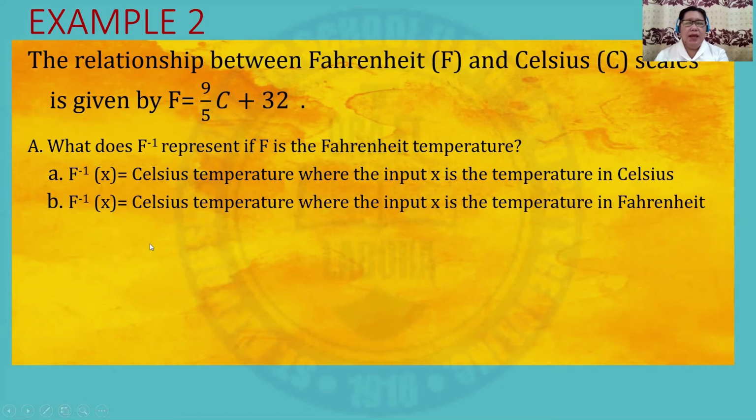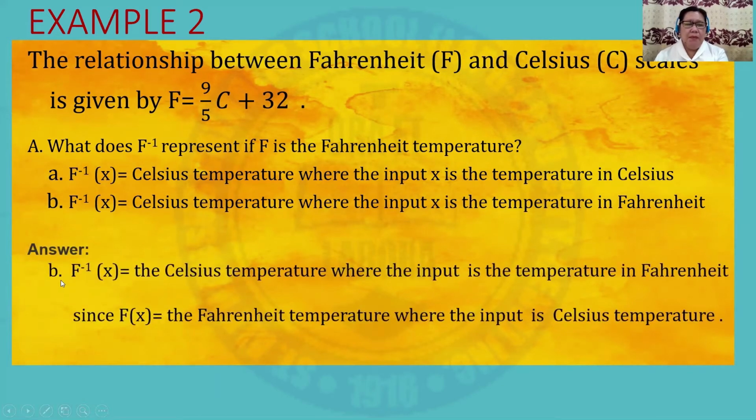So what is your answer? And the answer is letter B. F to the -1 of X is equal to the Celsius temperature, where the input is the temperature in Fahrenheit. Because F of X is equal to Fahrenheit temperature, where the input is Celsius temperature.